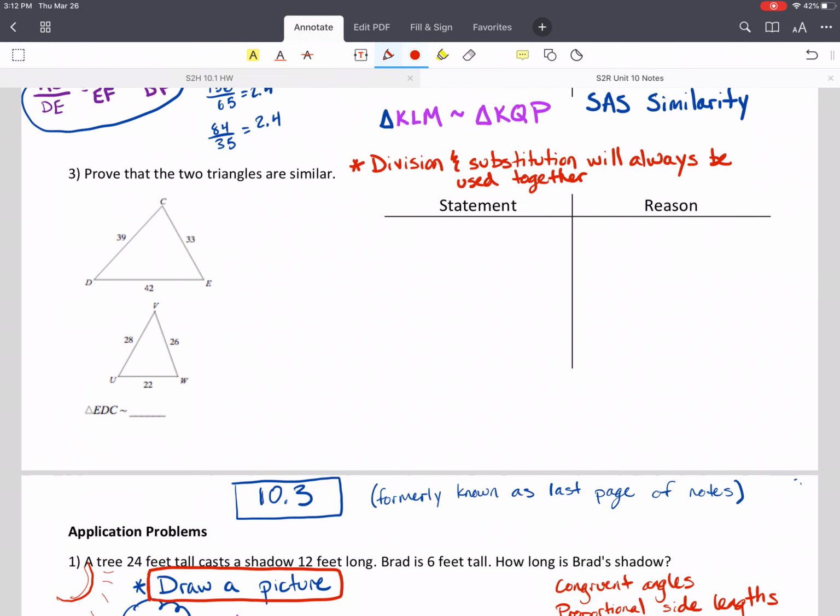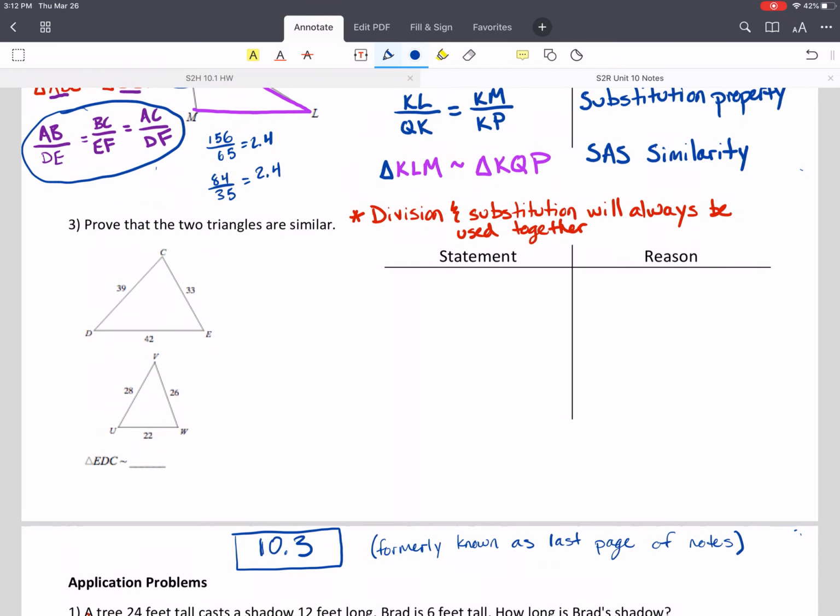Okay, last example for these notes. I'm hoping you can guess right now between angle, angle, side, and side, side, side, which one we're going to use. I know nothing about any of the angles here, so I know my target is going to be side, side, side. So we're going to go off of this idea again. I'm just going to pick my largest side, which is 42.